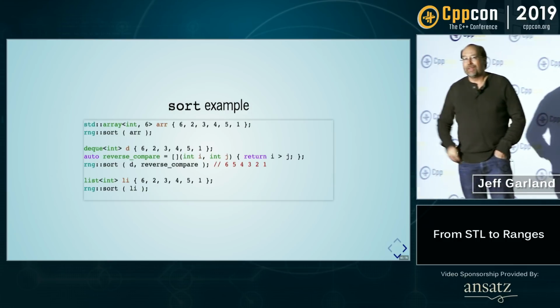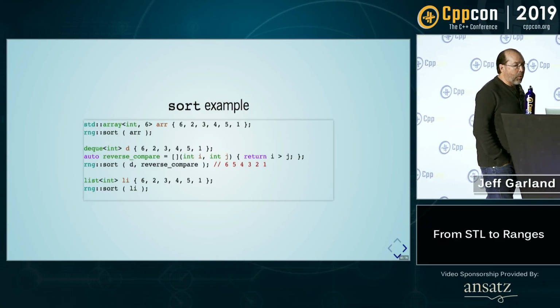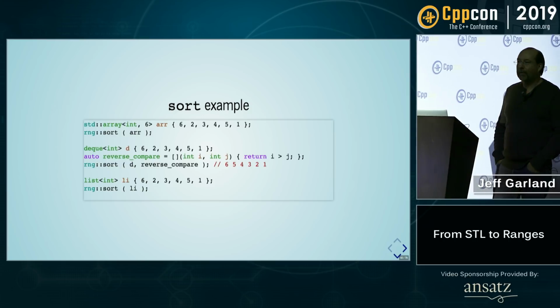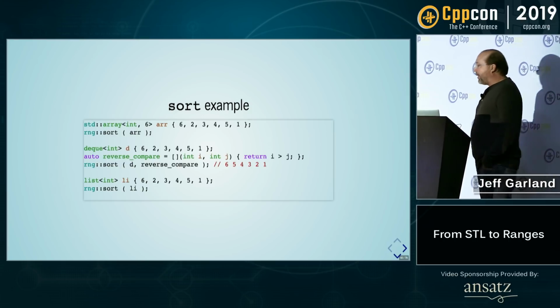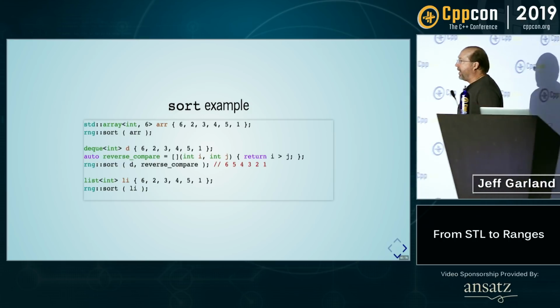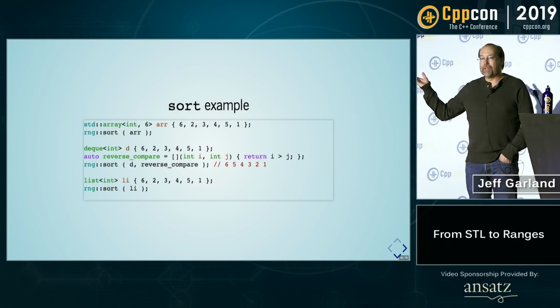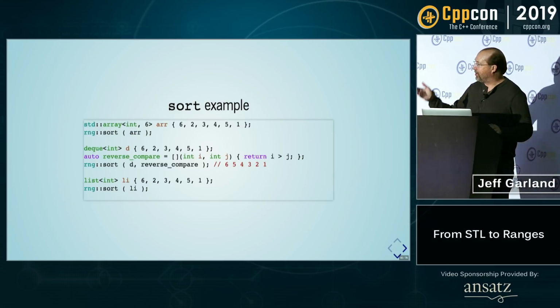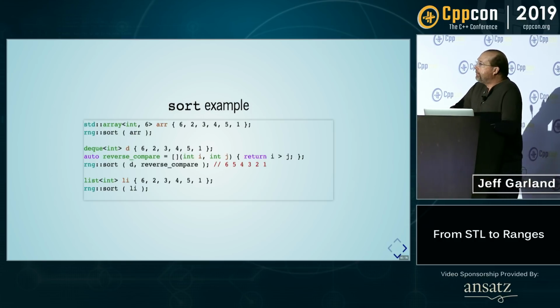Because it doesn't meet the requirements of the algorithm. If you've ever tried to sort standard list in the STL, you'll get an error. And so what I told you is I wouldn't show you something that didn't compile, but I just showed you something that actually doesn't compile.